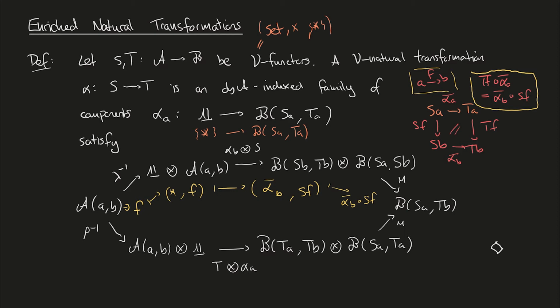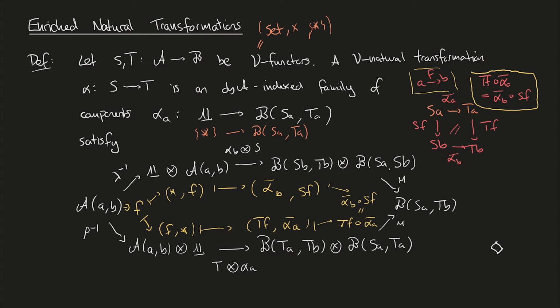Now the bottom path does something similar, so we take f under the inverse of the right unitor to f comma star, and then map that to Tf and alpha A, and then we compose to get Tf after alpha A. And the commutativity of this diagram is saying that both of these composites are equal.